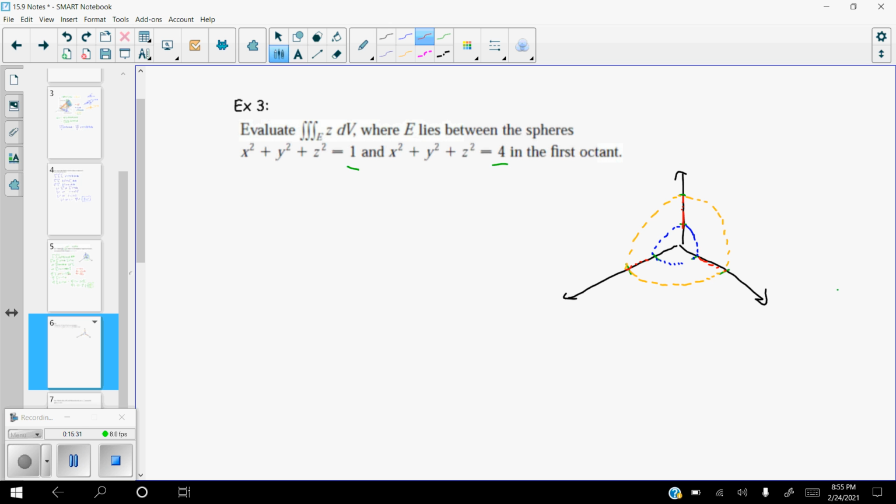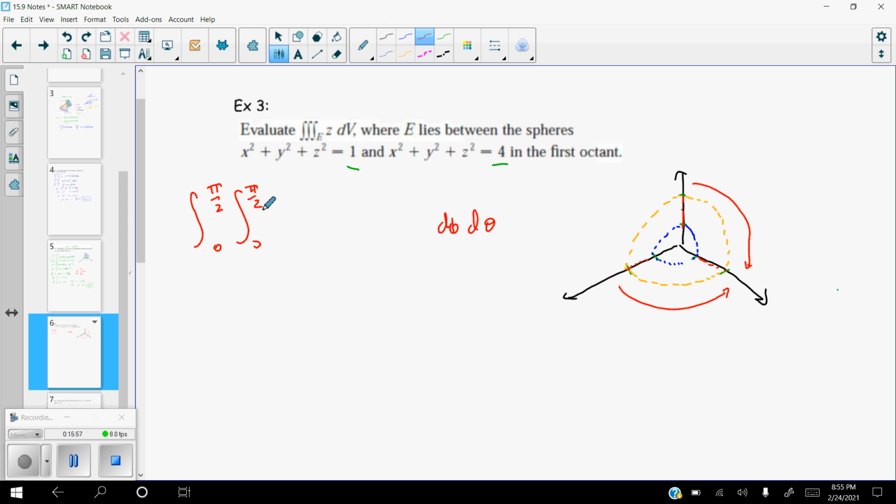So drawing that helps because I know that theta goes from 0 to 2 pi. I'm sorry, 0 to pi halves, not 2 pi. So that's going to be my d theta. Phi also goes from 0 to pi halves. So there's my d phi.